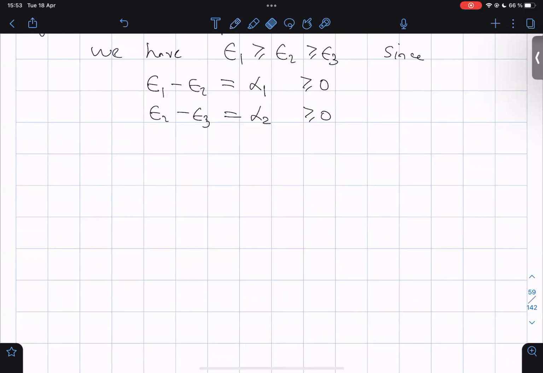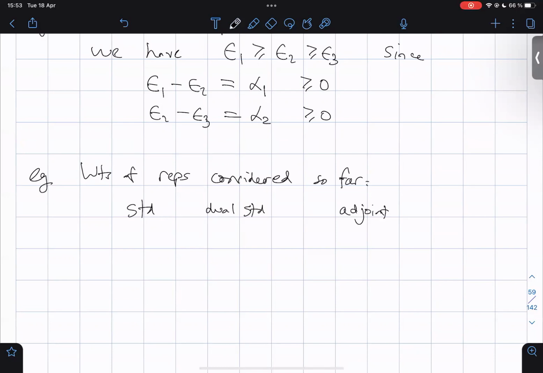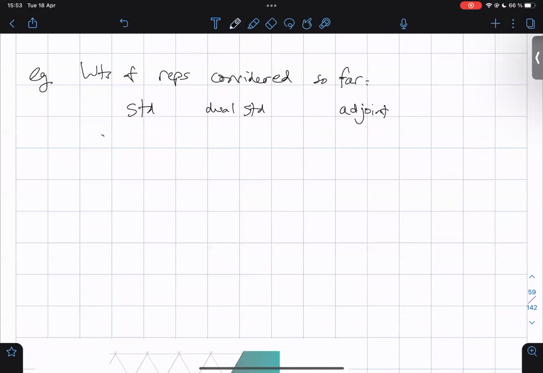Okay, so let's list now the weights of reps considered thus far: standard, dual standard, and adjoint. Epsilon 1 is lambda 1, epsilon 2 is minus lambda 1 plus lambda 2, epsilon 3 is minus lambda 2.